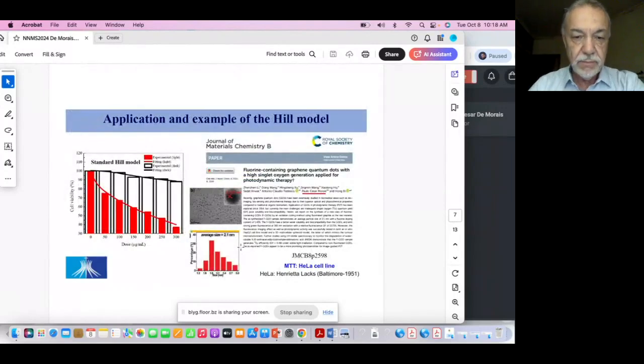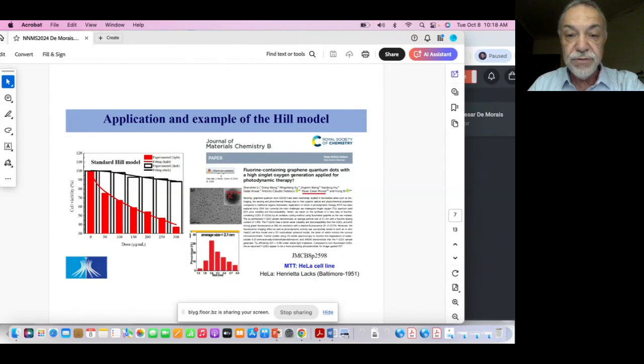Let me show you one application of the standard Hill equation. Here, we made this analysis in a recent paper. In this case, we used a very famous cell line, the HeLa cell line, and we performed the cell viability using the MTT assay.